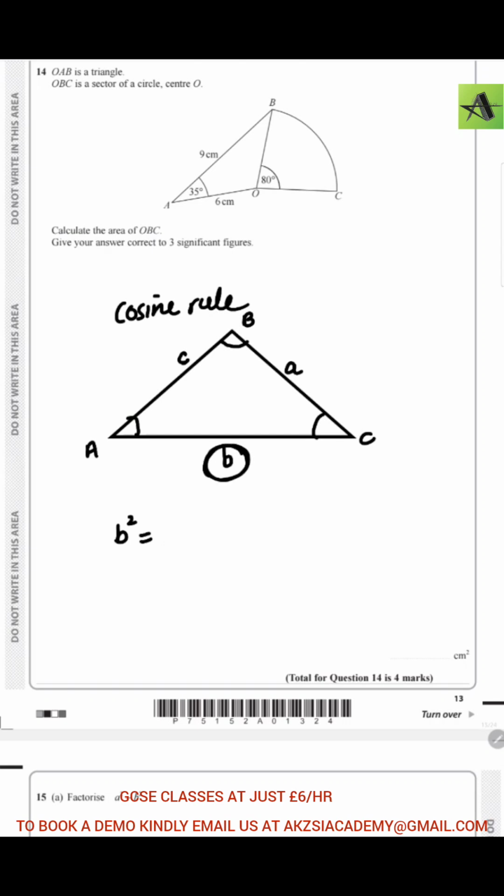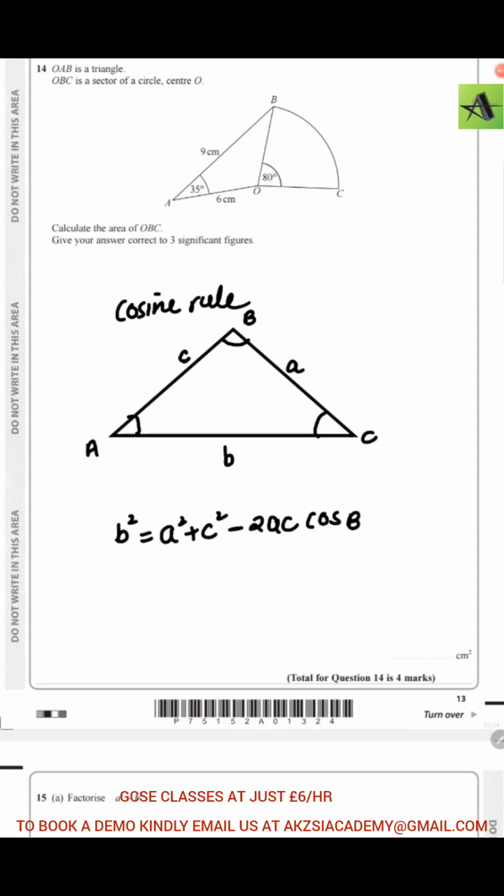Well, it all depends which angle is given. That's important. I'll explain this here. Now, I'll add the squares of the other two sides, which is A squared plus C squared, and also minus 2 times A and C, the same two sides, multiplied by cos of the angle included between C and A. This is C and A, so the angle between them is B, so cos of B.